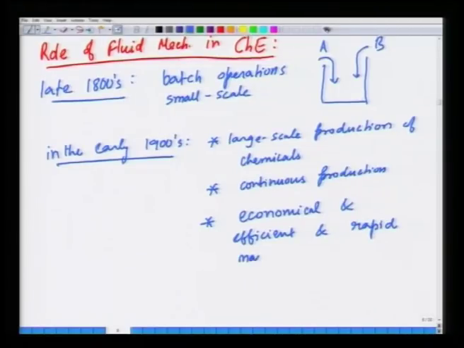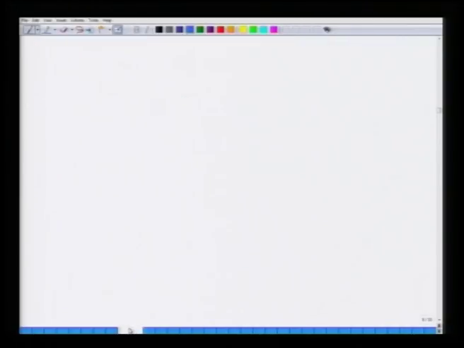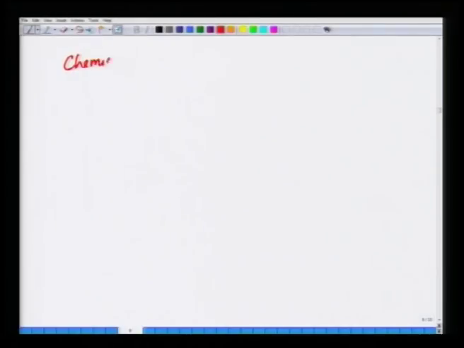So, all these requirements became a major factor in the development of chemical industry in the early to mid 1900s. So, the modern day chemical process industry can be thought of. By modern day we mean anything that is after mid 1900s.